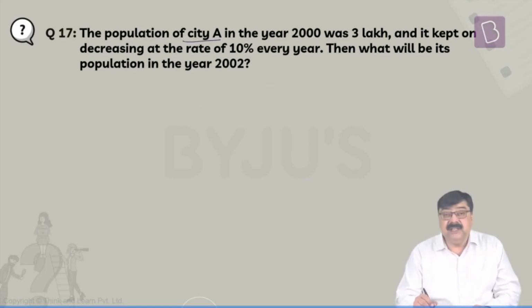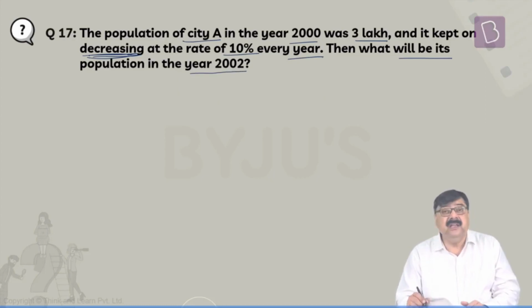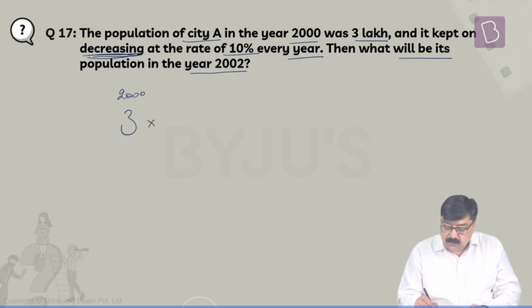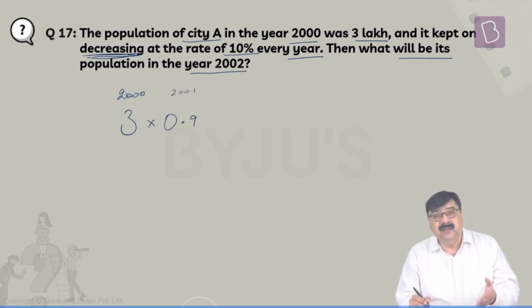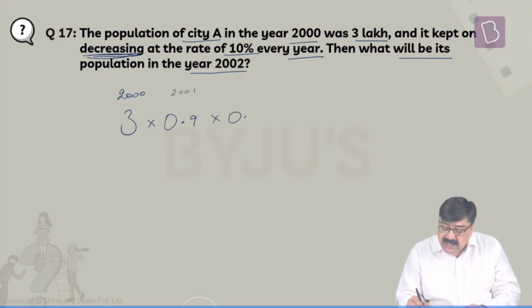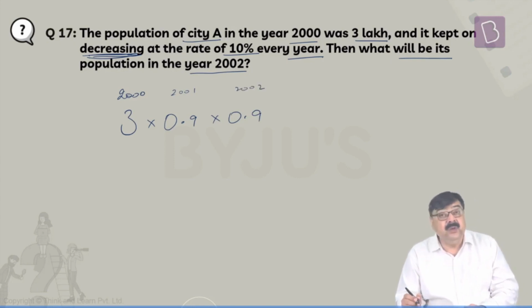Now the population of city A in the year 2000 was 3 lakh, and it kept on decreasing. See, that is a difference in this question from the previous one. At the rate of 10% every year. Then what will be its population in the year 2002? So 2000, the population is 3 lakh into 0.9, because it is decreasing by 10% in 2001, into 0.9, because it is decreasing by 10% in the year 2002.